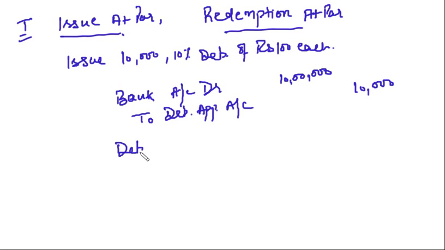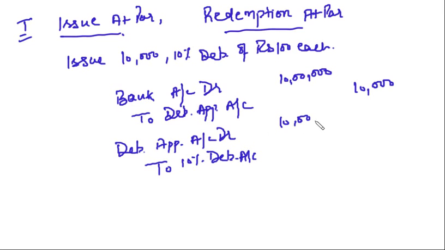Then what is the entry at the time of allotment? Debenture application account debit to 10% debentures account, that is 10 lakh and 10 lakh. Clear? This is the entry at the time of issue of debentures.